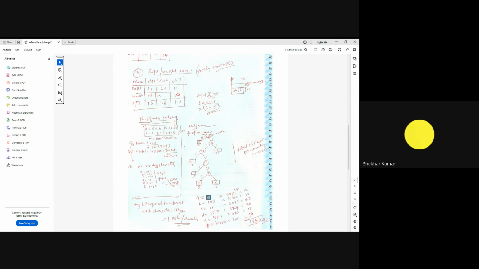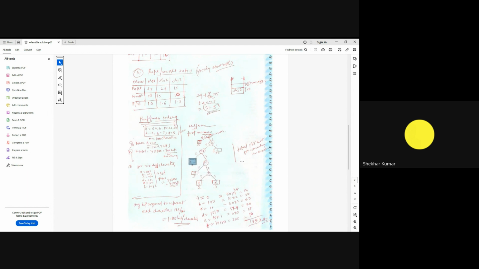With the help of this tree, I will check how many bits are required to traverse to each character. For A, it requires only one bit. Now for B, where is B? B is here.